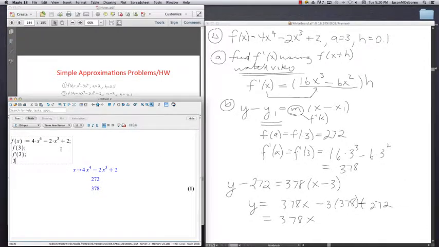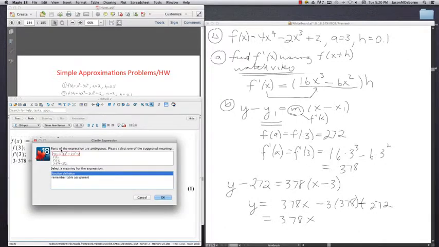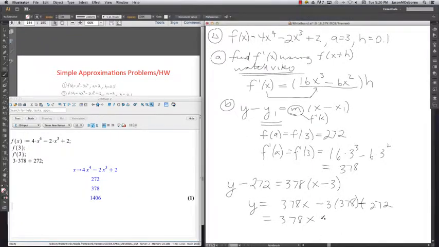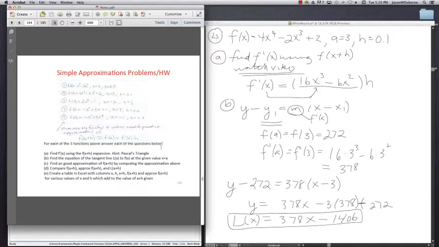It would be 3 times 378, and then I would like to add on 272. And that comes out to be 1406, and it should have a minus sign on it. So here is your tangent line. When you solve for y, this is what we call the tangent line. And that was the answer to part B, find the equation of the tangent line.